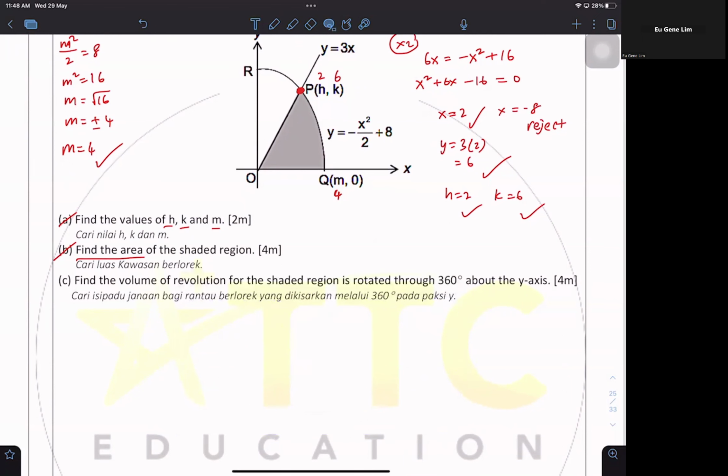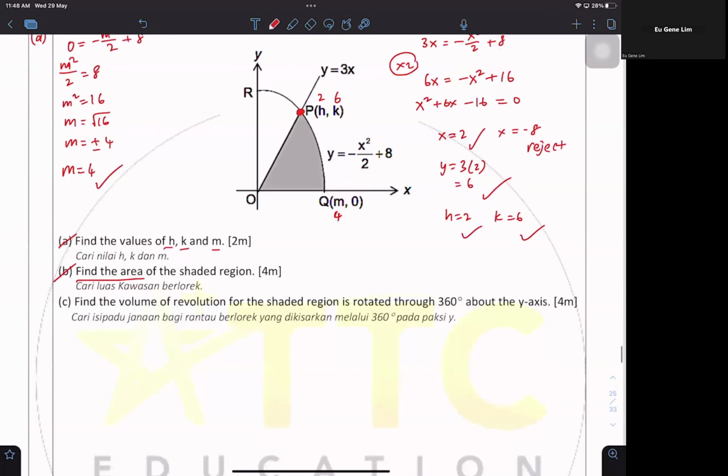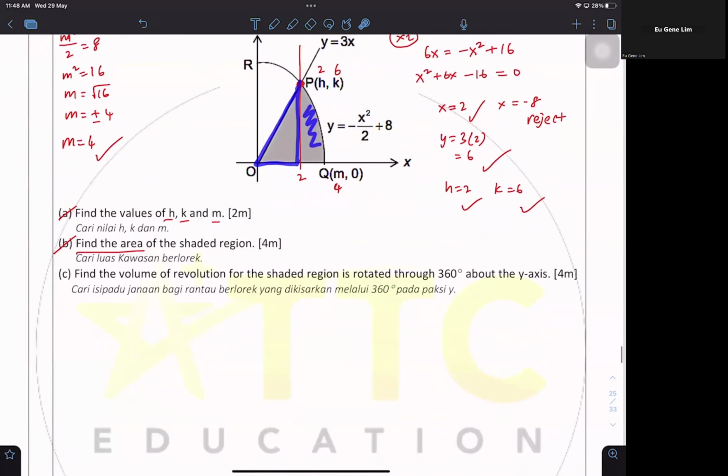Okay, so now this one, how should we do this? You should actually do like this. You should cut it here, and here is 2. The x is 2. So what you should do is find the area of this triangle plus the area of this part, the right hand side.